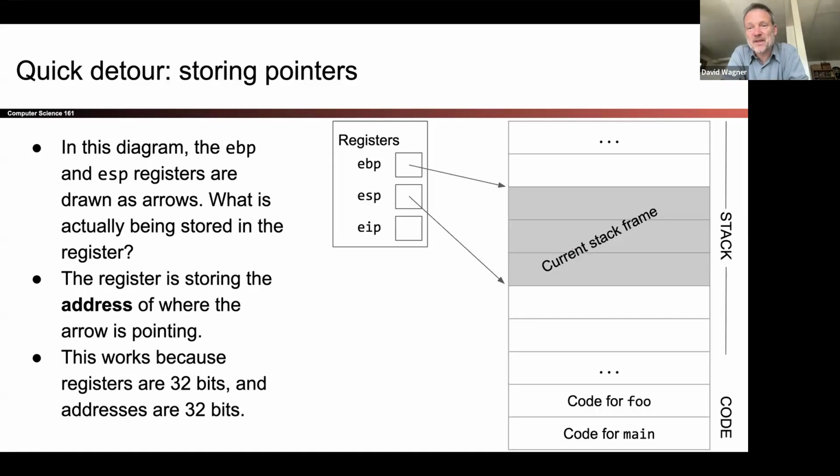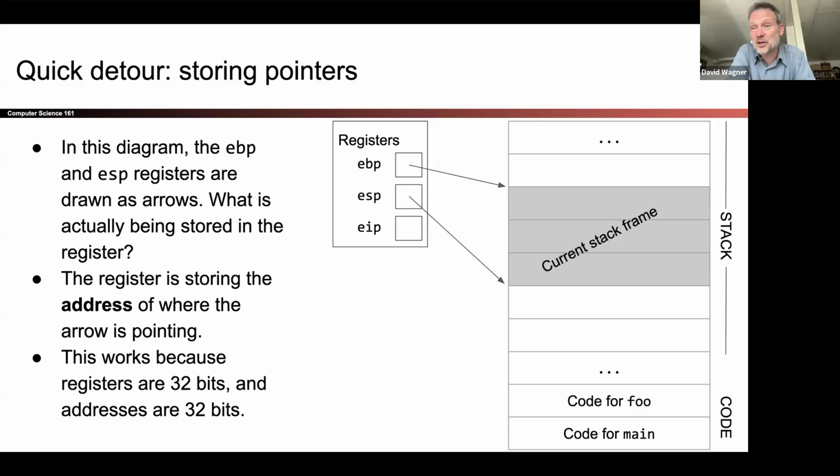Well, a pointer to something is an address, and what's stored in the register is the address that it's pointing to. So if I draw an arrow from EBP to some part of memory, what that means is that EBP contains some bytes, an address of that region of memory that the arrow is pointing to.